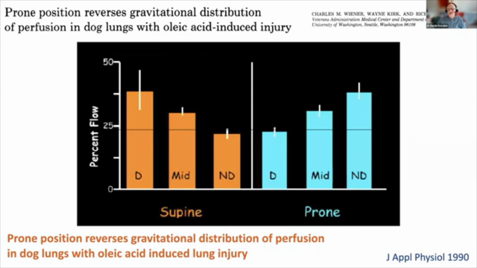They found that in the prone positioning, the blood flow was opposite compared with the supine positioning and improved. If you look at the dependent zone, there was a lower blood flow, but then of course that's where the heart is and where there is a lower lung area, and more perfusion in the non-dependent lung zone.